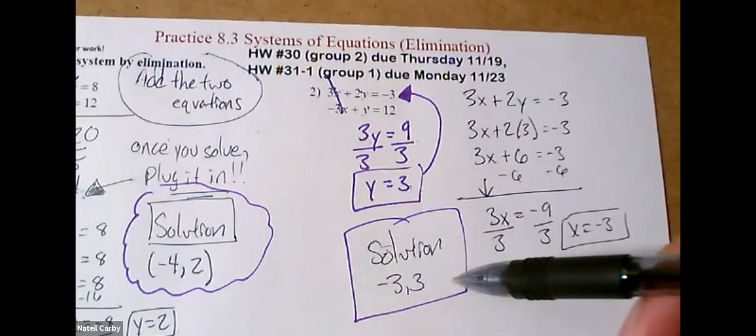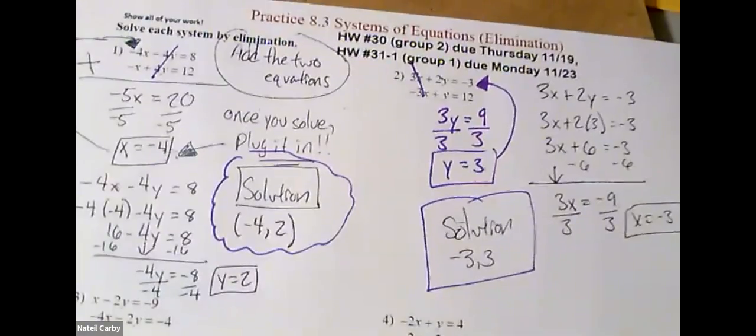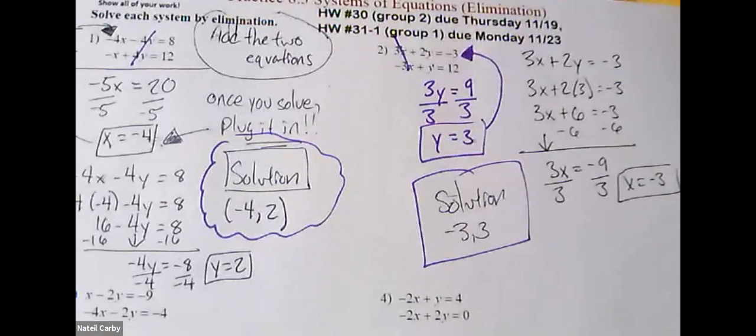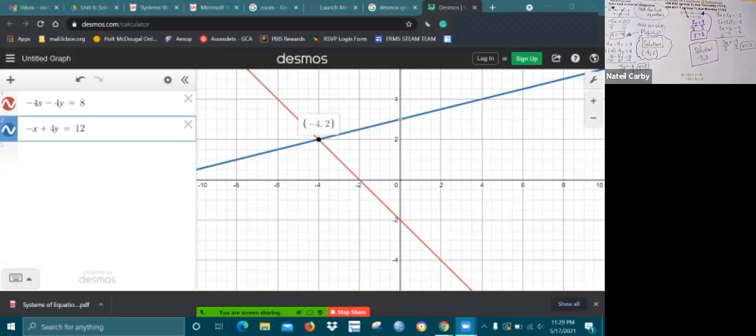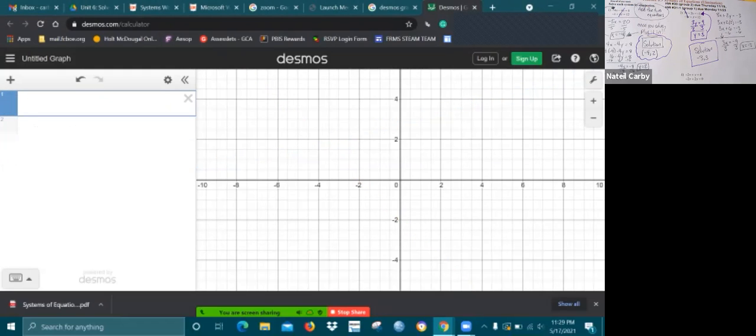So check your solution using Desmos. Okay, just get in the habit of checking it using Desmos. So let's see what we're talking about. So first equation, you can just exit out. First equation is 3x plus 2y equals negative 3.